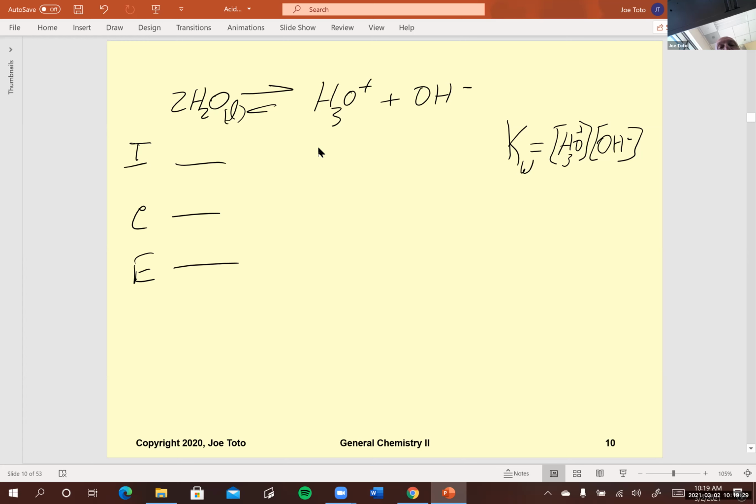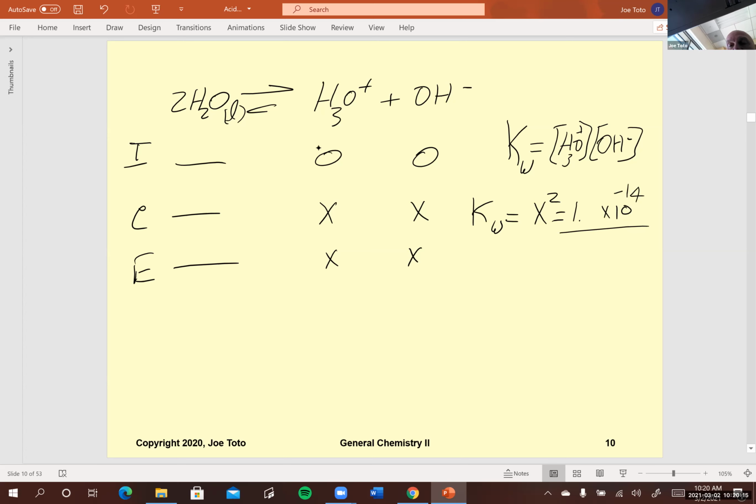Now, if I have pure water, like deionized water or distilled water that you might find in the lab, then I can imagine initially that it was just H2O, then it comes to equilibrium, and I get some algebraic parameter, x, which is plus. So I see that Kw equals x squared. It also equals 1 times 10 to the minus 14th.